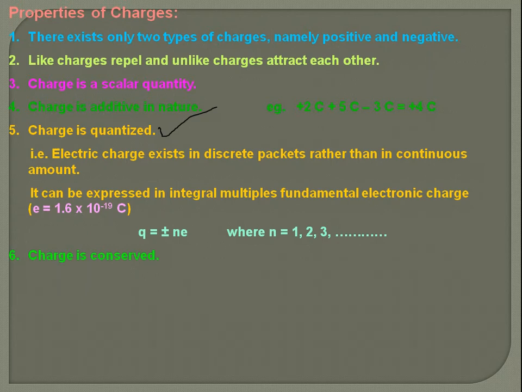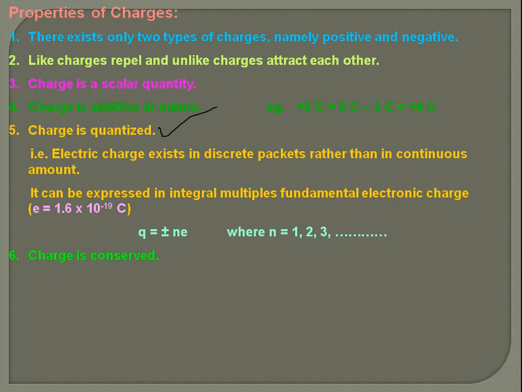There is one more property, that is charge conservation. Charge conservation means charge in a system is always conserved. In a system means, when one body gives charge. Suppose we have a body and we have another body.